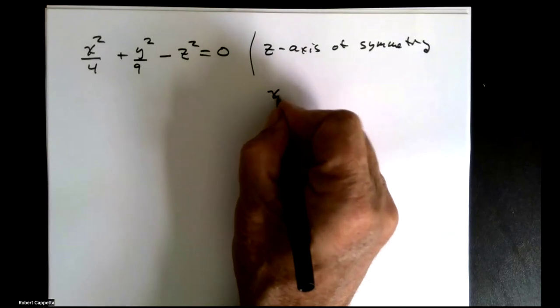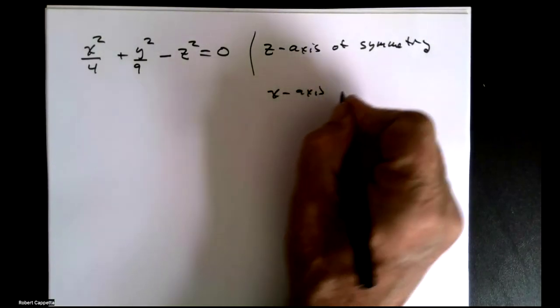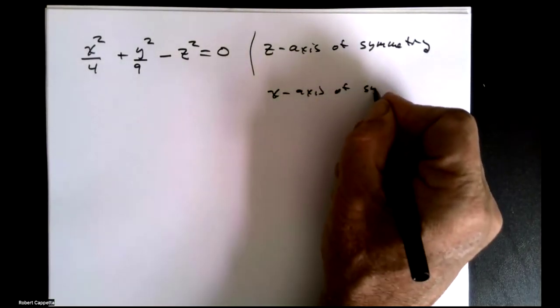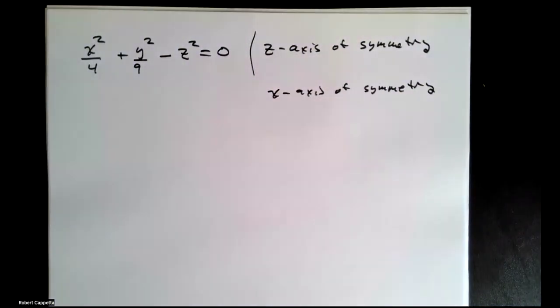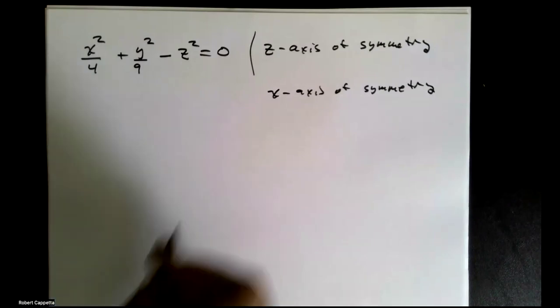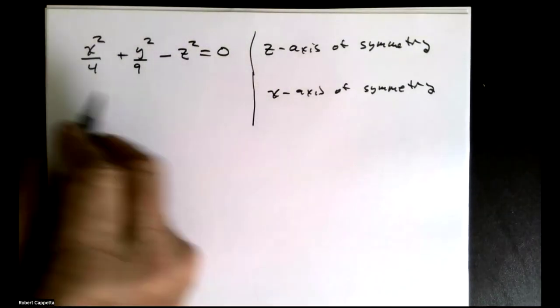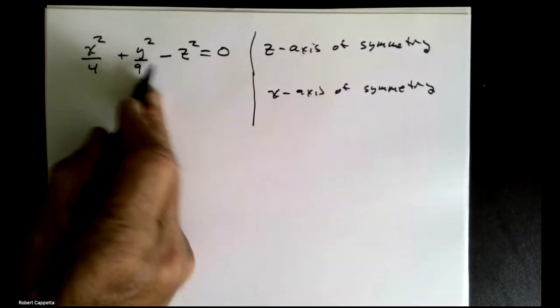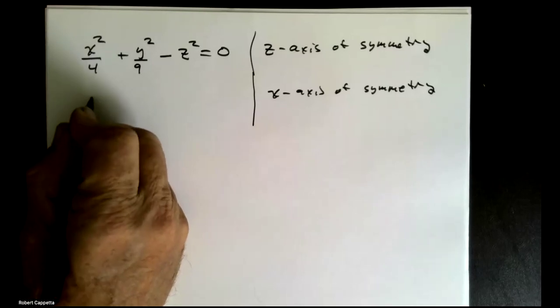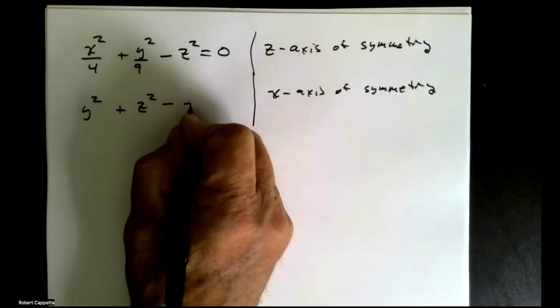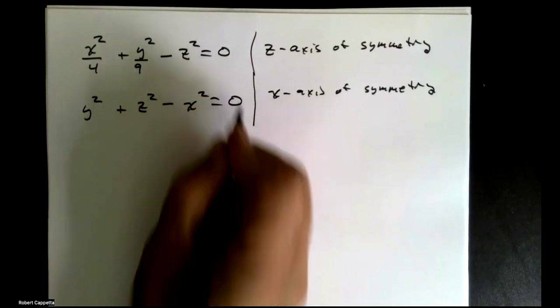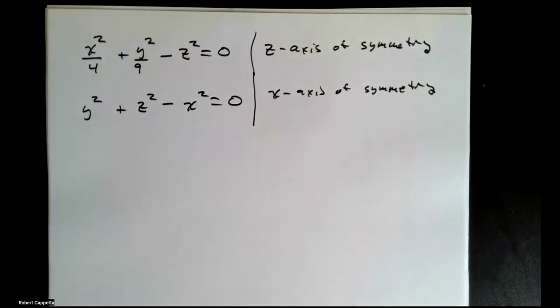If I want an x-axis of symmetry, what do you think that's going to be? Well, the x guy is going to have to be negative and the other two will be positive. So just ignoring the bottoms, y squared plus z squared minus x squared equals 0 should give me an x-axis of symmetry. Let's take a look.